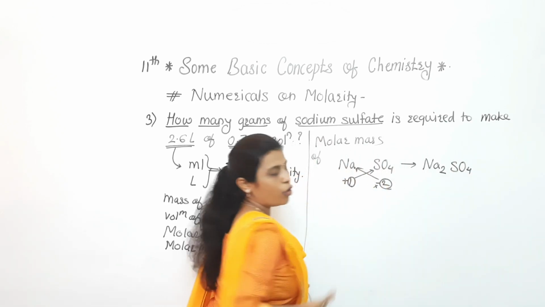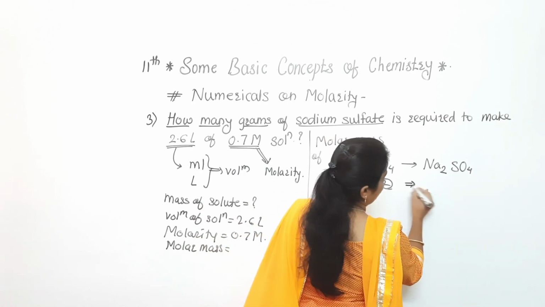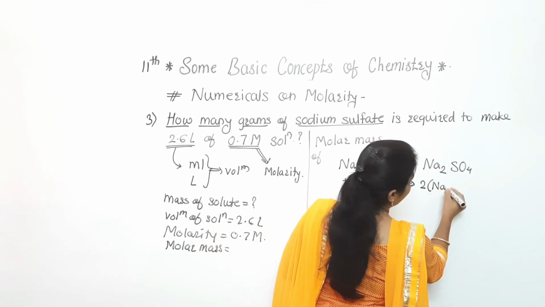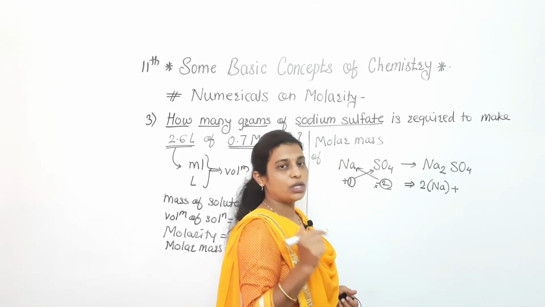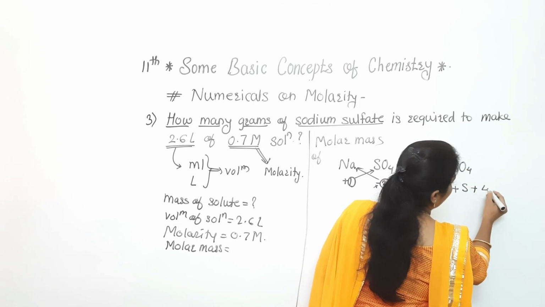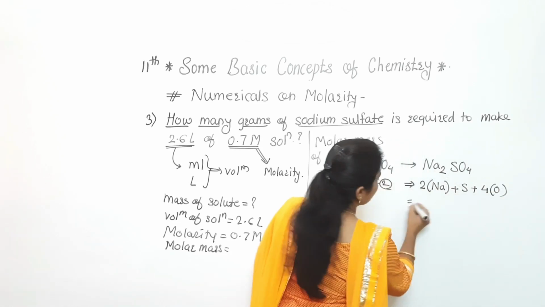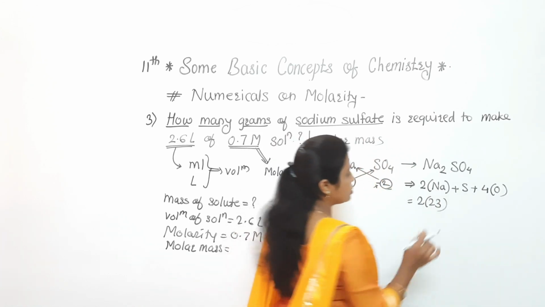Na2SO4. Now we have got the formula. It is easy to find out its molar mass also. Now see, 2 into sodium plus SO4 is not 1, in that sulfur and oxygen, 2 elements are there. So sulfur is only 1, plus oxygen 4 are there. So see, 2 into 23, the mass number of sodium is 23.